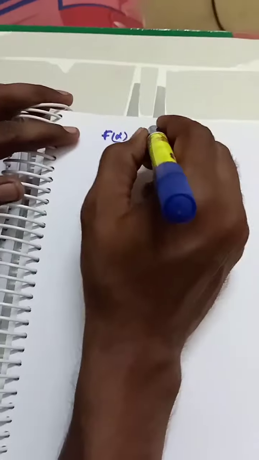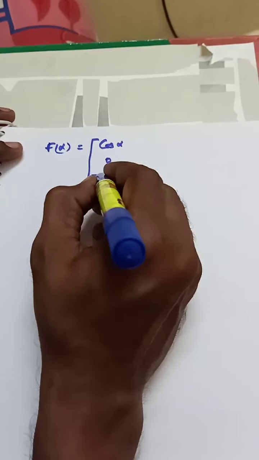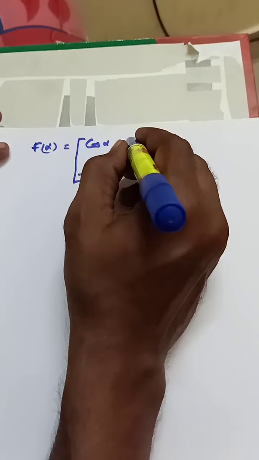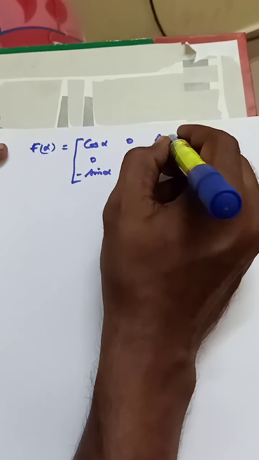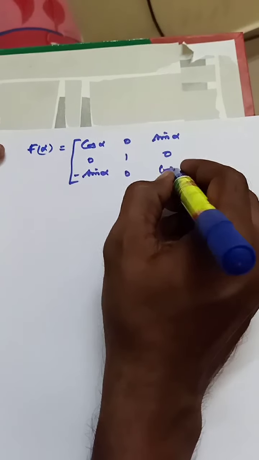Number 2, we will write f of alpha again, where f of alpha is cos alpha, 0, sin alpha; 0, 1, 0; minus sin alpha, 0, cos alpha.